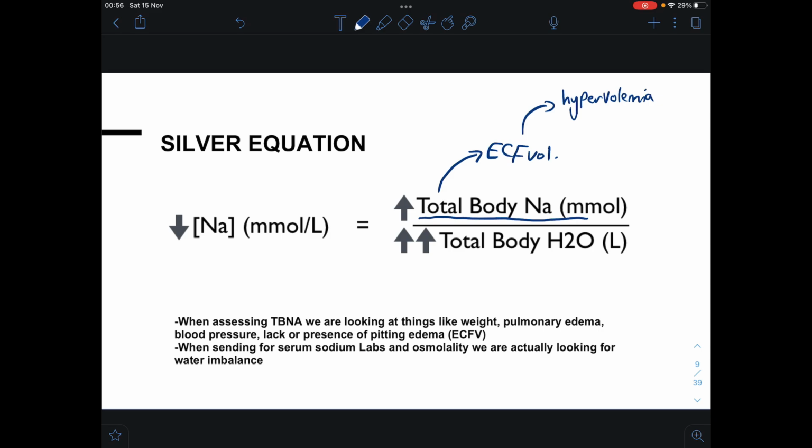While in patients with decreased total body sodium, you would find symptoms of hypovolemia, like decreased skin turgor and sunken eyes. You will find that they have decreased blood pressure, and you won't find signs of pitting edema or cerebral or pulmonary edema.